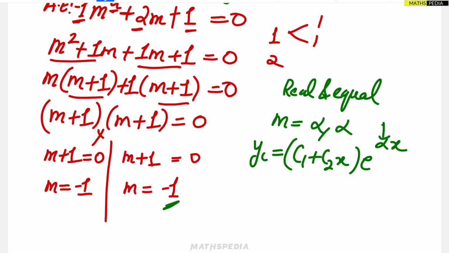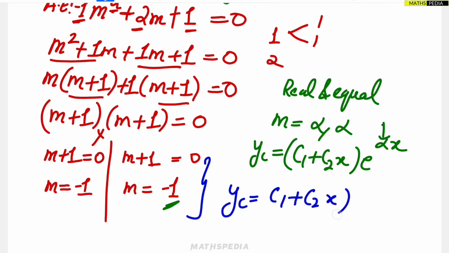Here minus 1 is there, so in place of alpha you have to substitute minus 1. So for this particular equation we will get the yc value as c1 plus c2x as it is, e power minus x, or minus 1x also you can write. This is the yc value.